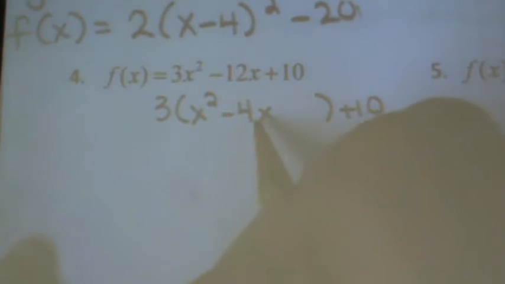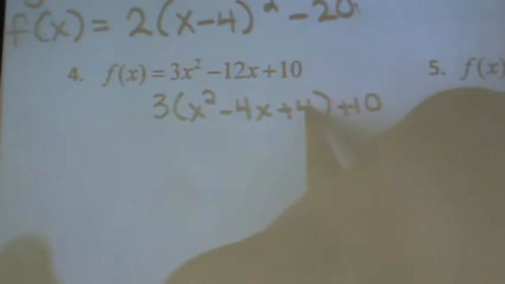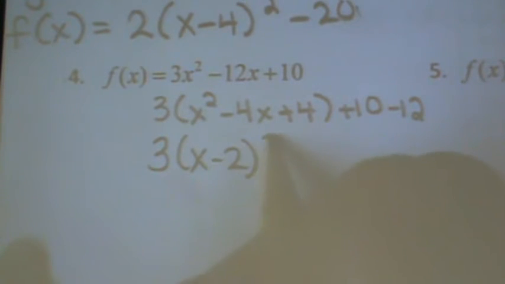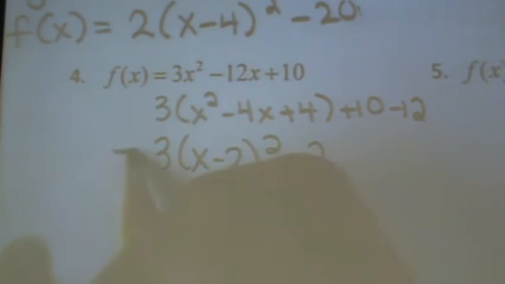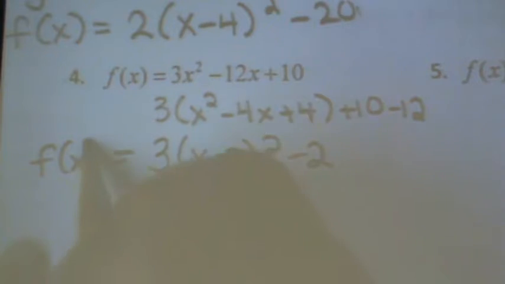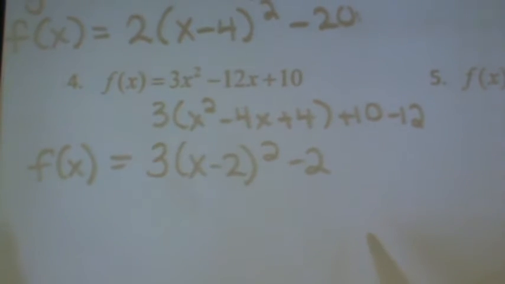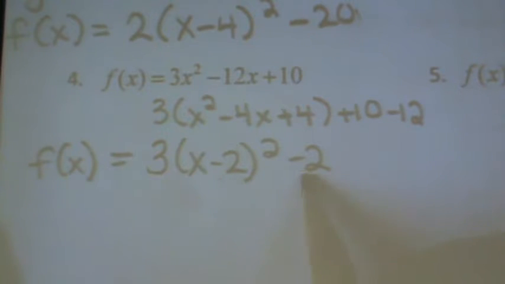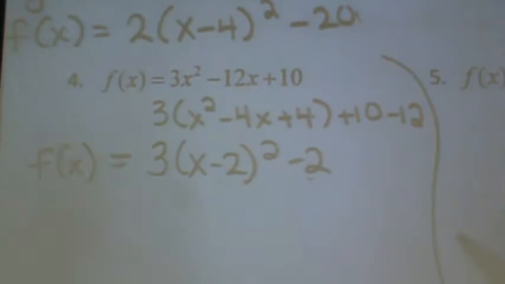Take half of -4, which is -2, and square it. You get 4. You're going to add 4 here. Really, you added 12, so you're going to subtract 12. Factor, you get x minus 2, quantity squared, minus 2. It is now in vertex or transformation form. So the axis of symmetry is x equals 2, and 2, -2 is your vertex.